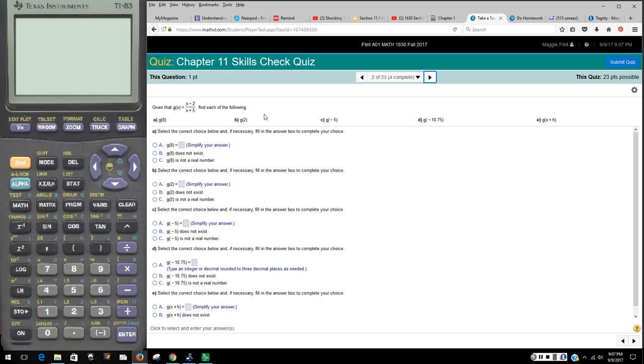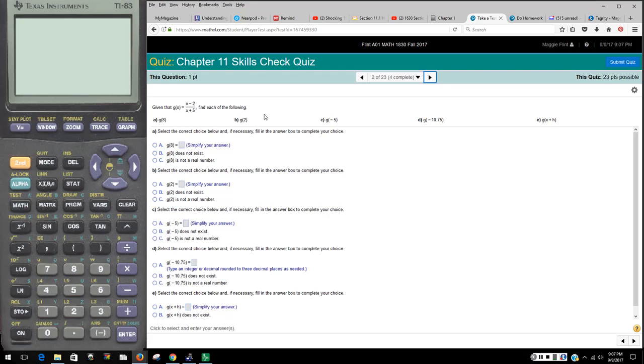We're going to find g of 8, g of 2, g of negative 5, g of negative 10.75, and then g of x plus h. And there's actually a couple of ways you can do this. We can first do it by hand. So we're going to have x minus 2 over x plus 5.